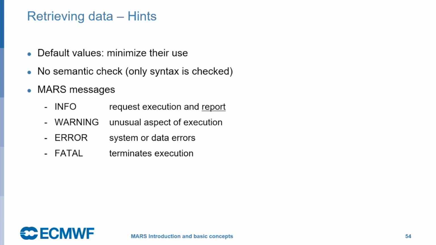It follows the info flag, and then you will see warning messages which are issued if there was some unexpected action, and then the error message if you have any errors, if you ask for some data which is not available or something happens with the connection, and then the fatal message which terminates the execution of the Mars request.